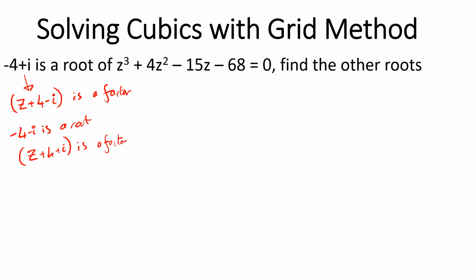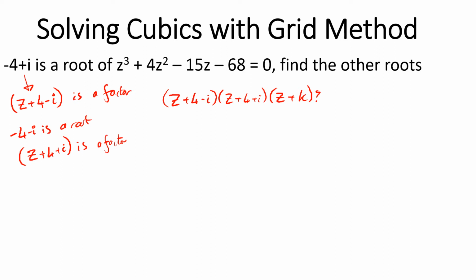So from there, we could kind of know that this is going to be something like z plus 4 minus i times z plus 4 plus i, and then some other z thing that we'd have to try and work out.